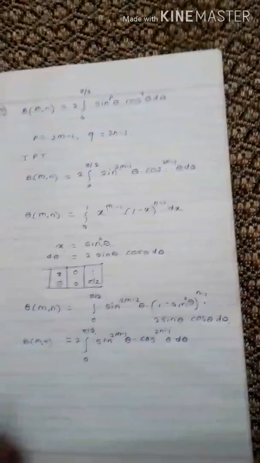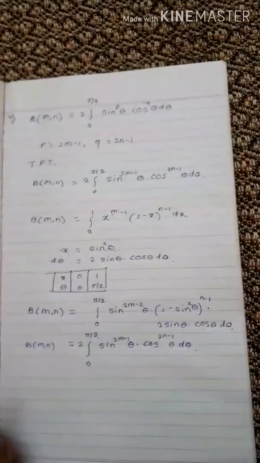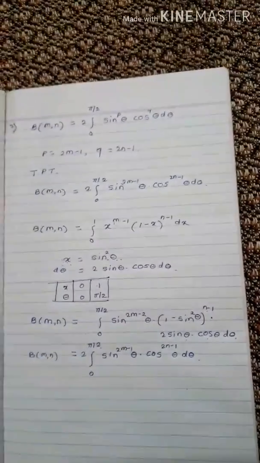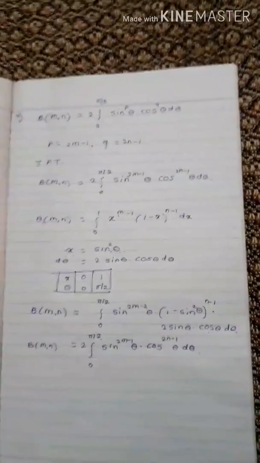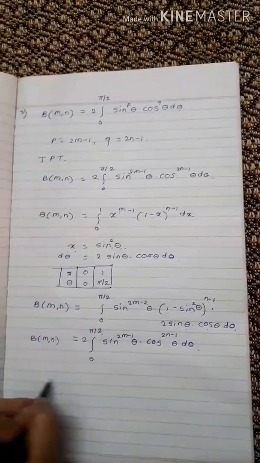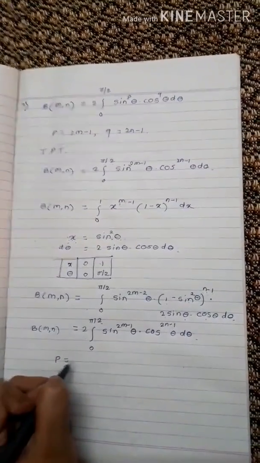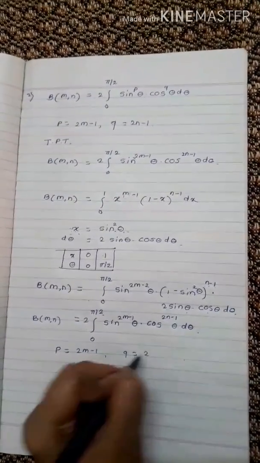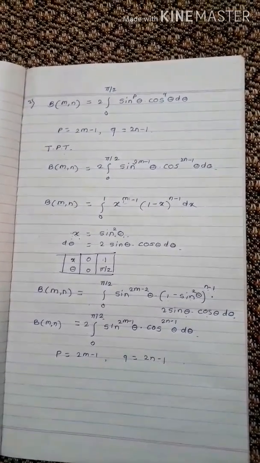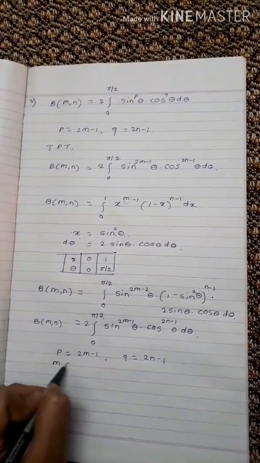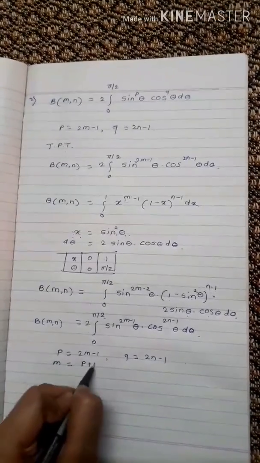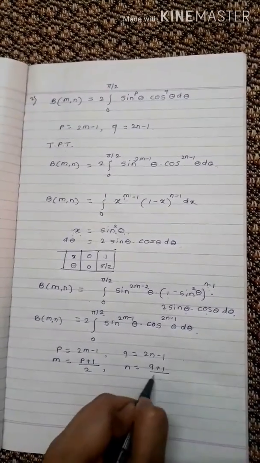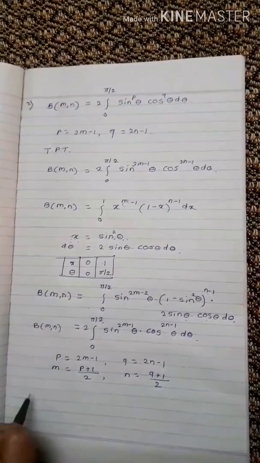Now let's modify this definition a little bit. What we required, yes, we got it, but we will just rewrite the definition. We have p equal to 2m minus 1 and q equal to 2n minus 1. So using this I can conclude that m is p plus 1 by 2 and n is q plus 1 by 2. So just substitute m and n here.